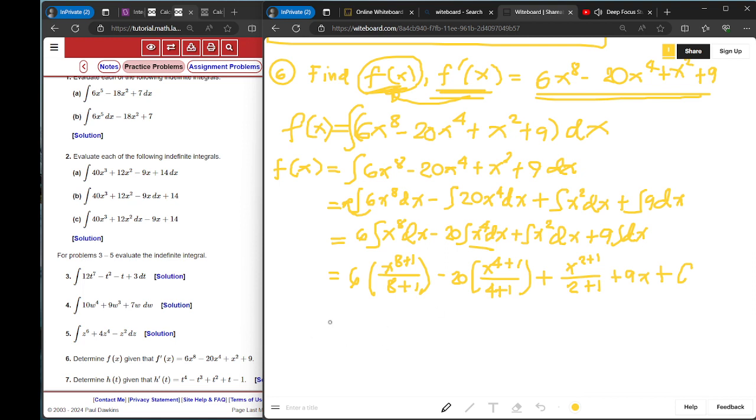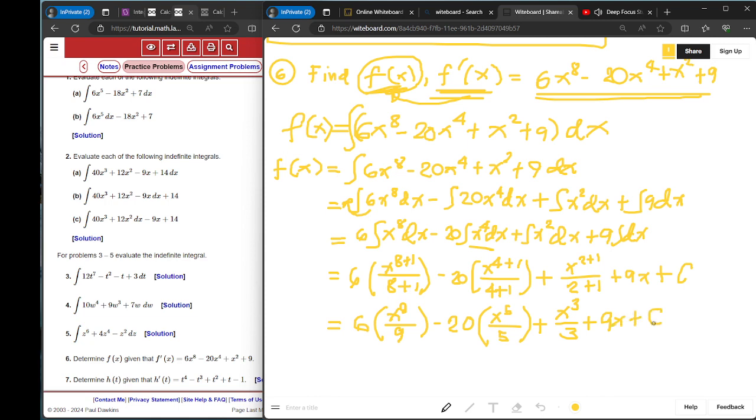Then simplifying, let's proceed. We'll have 6 times x to the 8 plus 1 is 9, over 9, minus 20 times x to the 4 plus 1 is x to the 5th over 5, plus x cubed over 3 plus 9x plus c.